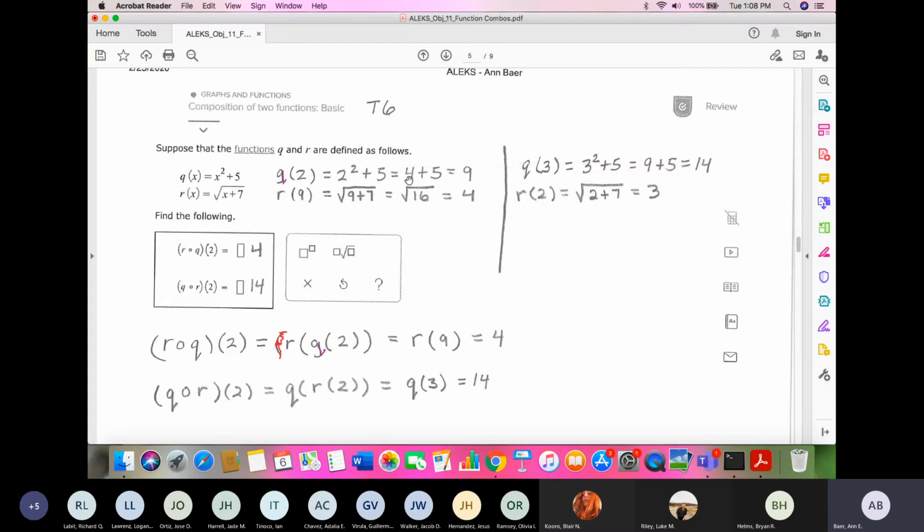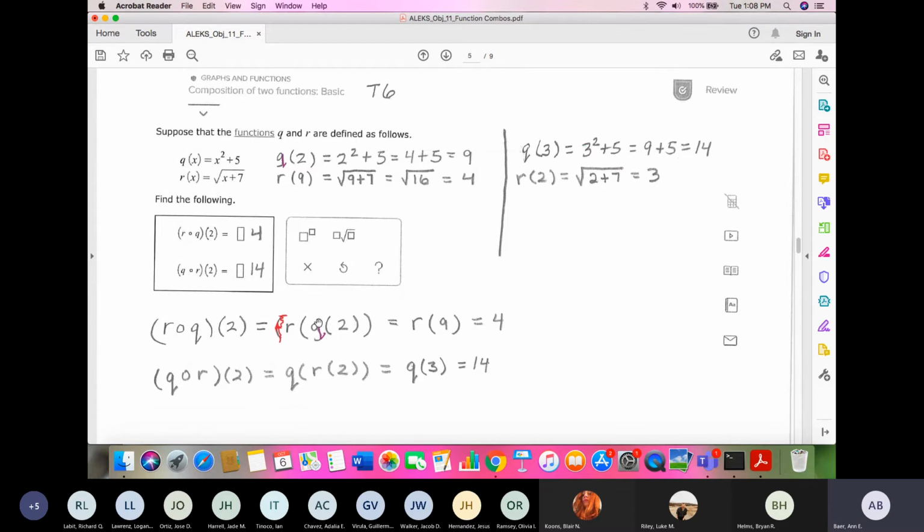So we want 2 times 2, which is 4, plus 5, which is 9. So now we take out that Q of 2, just that Q of 2, and we replace it by 9. We still want the R in the outside parentheses. We replace that Q of 2 by 9.